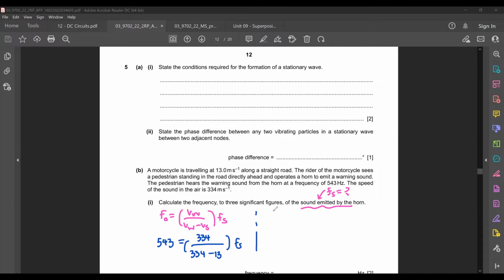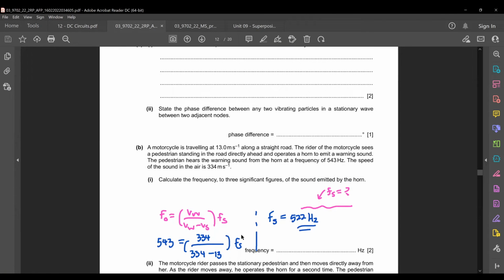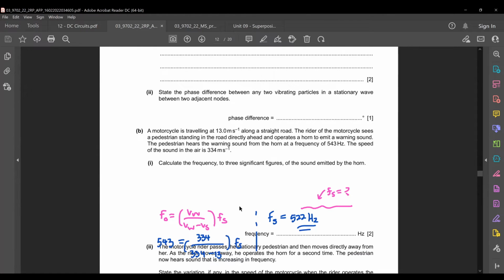So right now fs will be basically what you have there: 334 minus 13, 334 divided by that, 543 divided by the answer. You're going to get the answer as 522 Hertz. Okay, this one was the answer, no? 522 Hertz. So the frequency of the source is 522 Hertz.